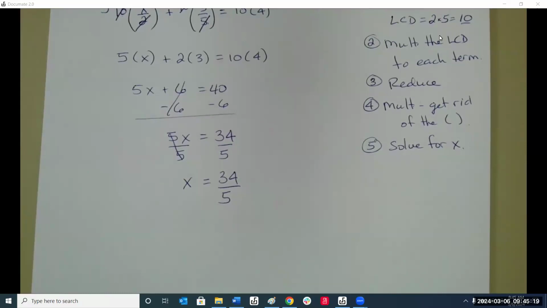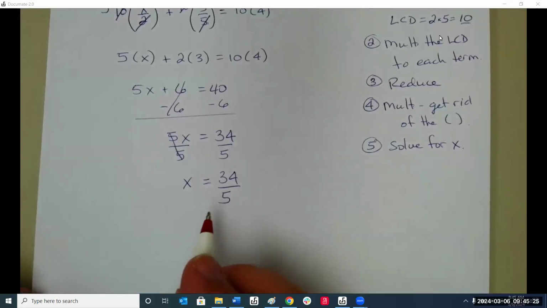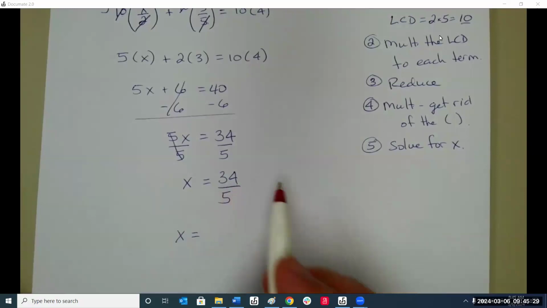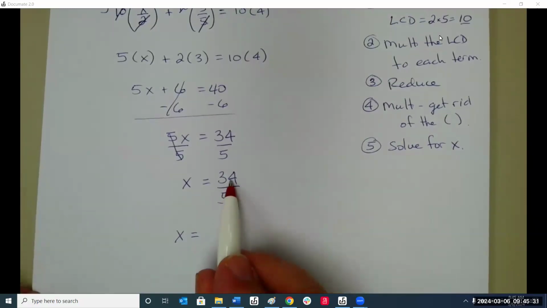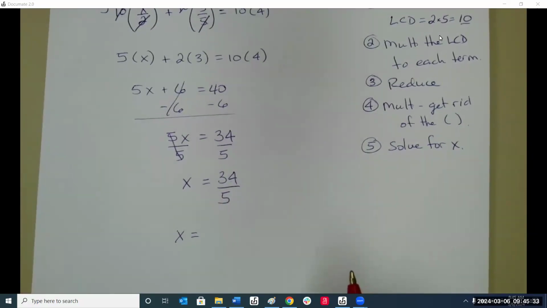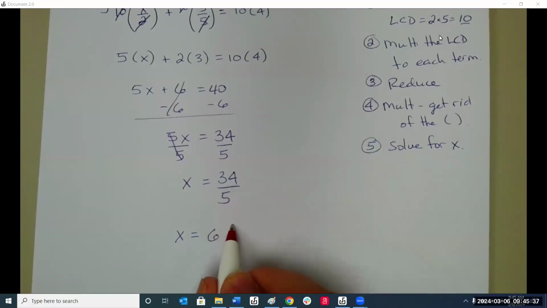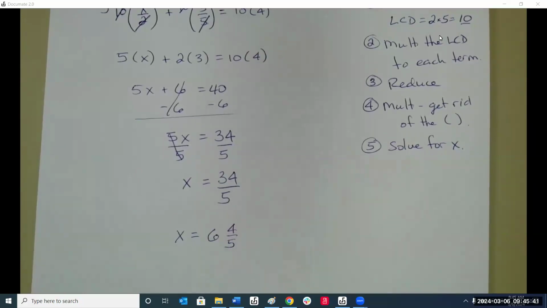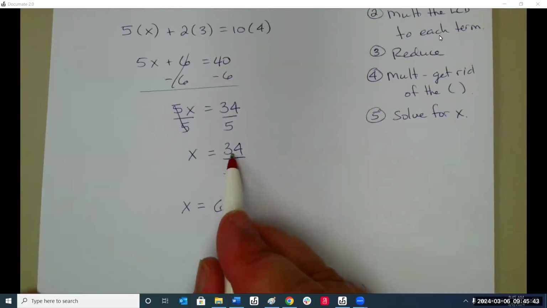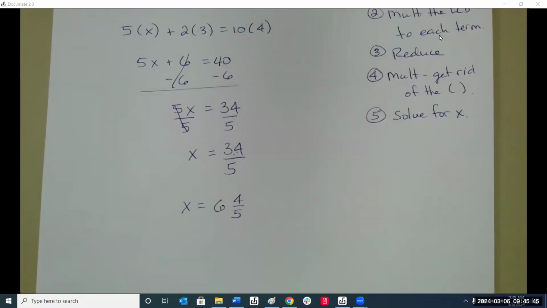Now, I don't know if it'll take this type of answer. This is an improper fraction. So how do we convert from improper to proper, to mixed numbers? How many times does 5 go into 34? 6 times 5 is 30. So we have how many left over? 34 minus 30 is 4.